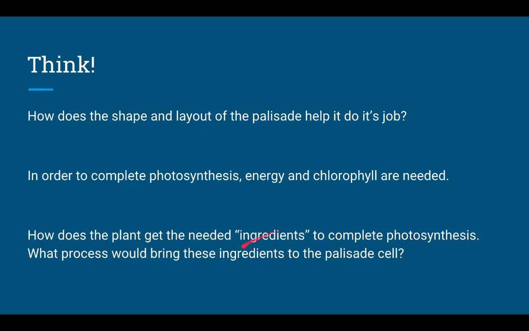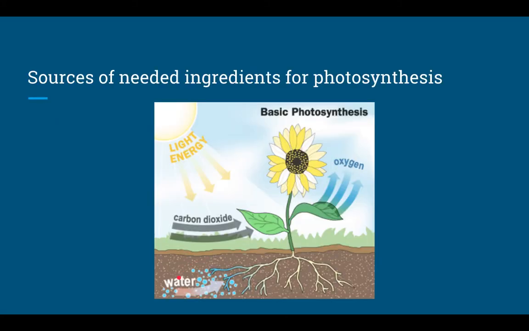We also get water. Water is coming up from the roots. It is traveling up to the leaves. So again, I want you to think, where is the higher concentration? Where is the lower concentration? Because that's a process for how these Palisade cells in this leaf right here get these ingredients in order to make sugar, which is food, and then the oxygen.